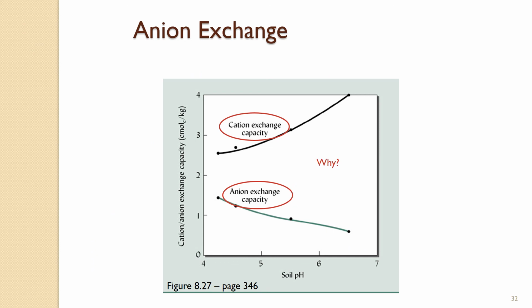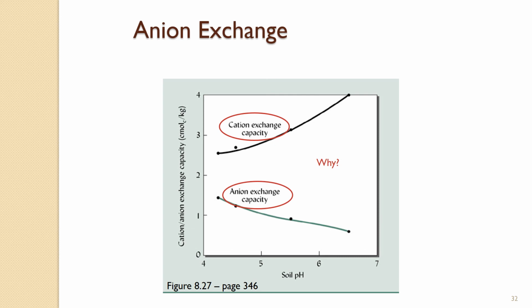So ultimately, anion exchange capacity is only high at low pHs because of those pH dependent minerals that are capable of becoming positively charged. Everything else is going to have a negative surface charge.